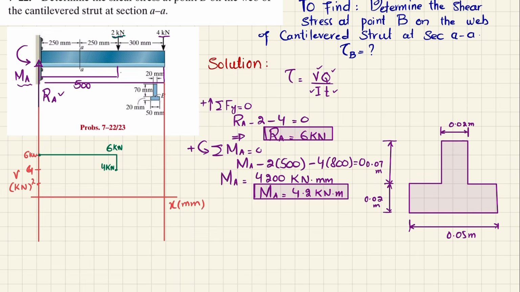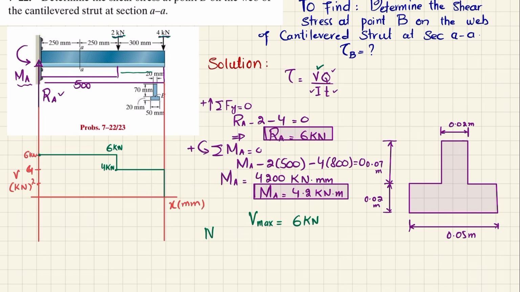Again moving from this, there is no other force, so it will remain horizontal, and then at the end you can see minus 4, which will bring it down to 0. So the maximum shear force from this shear force diagram comes out to be 6 kilonewton. So we are done with this V.